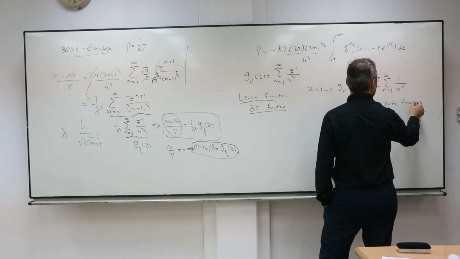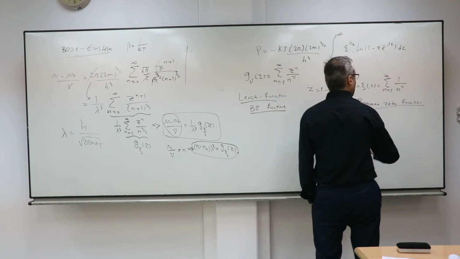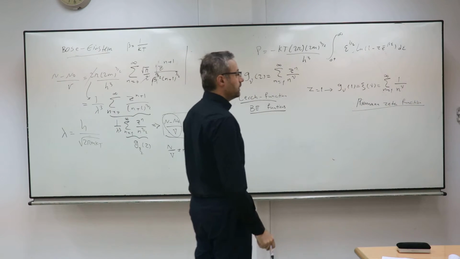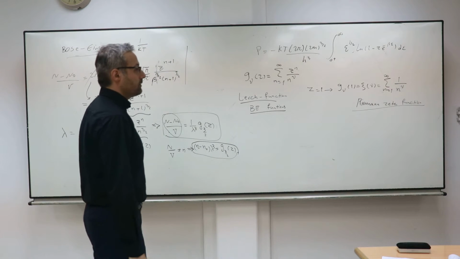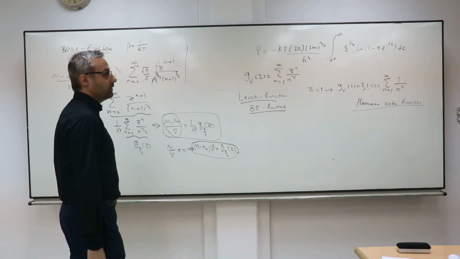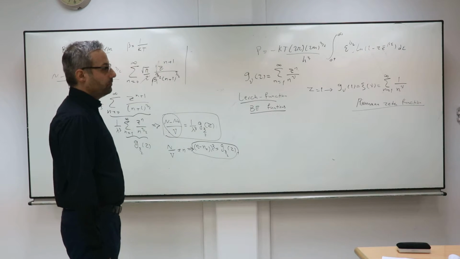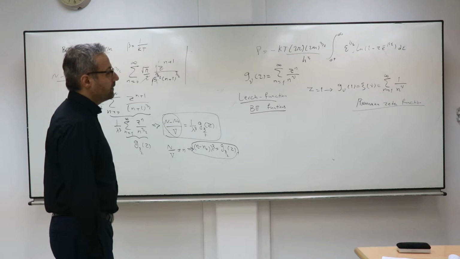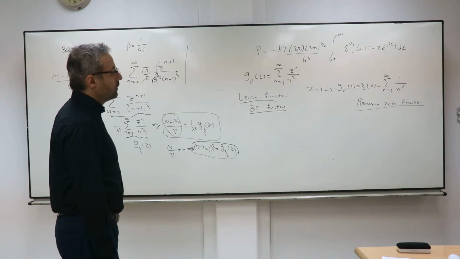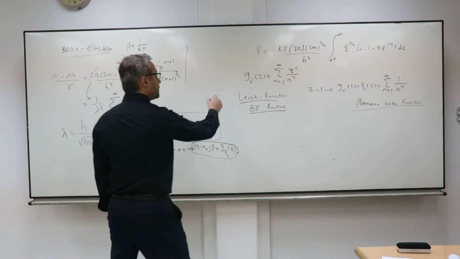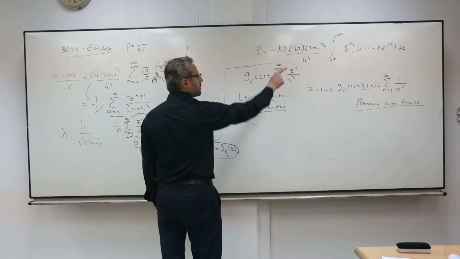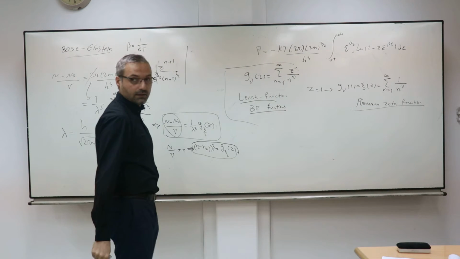It is one of the important functions in mathematical physics. It appears in several places in theoretical physics: in field theory, in statistical physics, and many places actually. You have the Riemann zeta function. So this is the class of the function. Still you need to convert that to this.